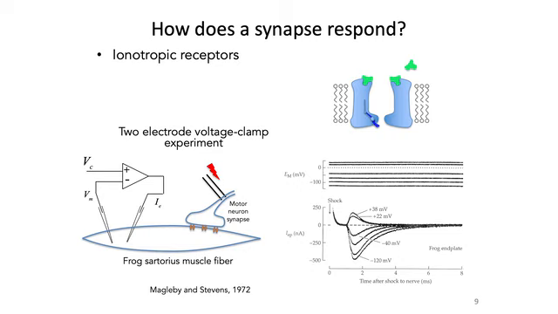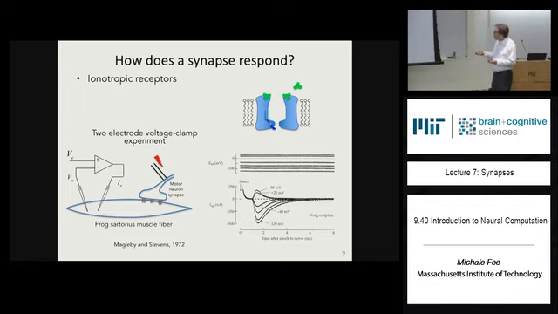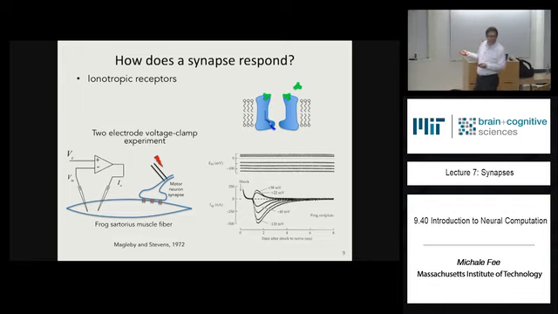That activates the neuromuscular junction, which opens acetylcholine receptors and produces a current as a function of time after the synapse is activated. Any questions about the setup? We're simply holding the cell at different voltages, activating the synapse, and measuring how much current flows through the synapse.